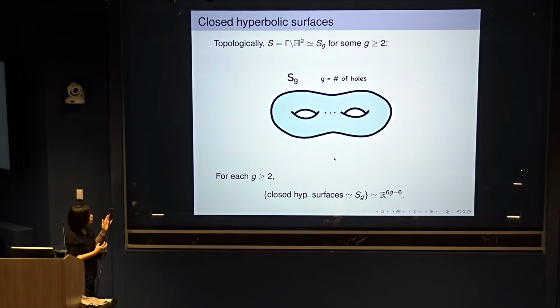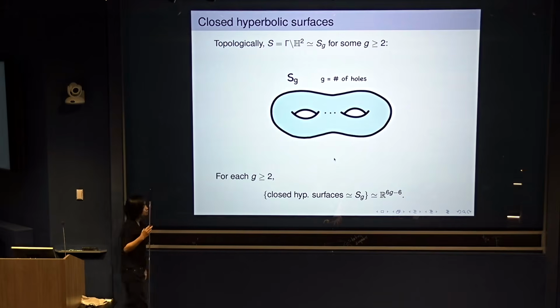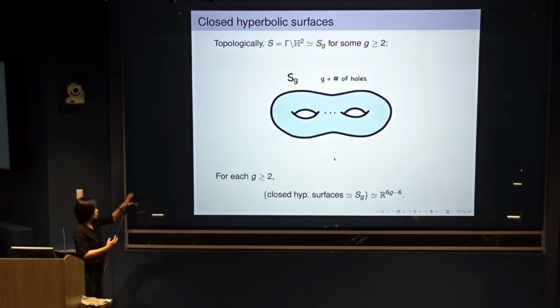And conversely, for any G at least 2, if you consider this donut with G number of holes, there is a closed hyperbolic surface which topologically looks like this donut with G number of holes.